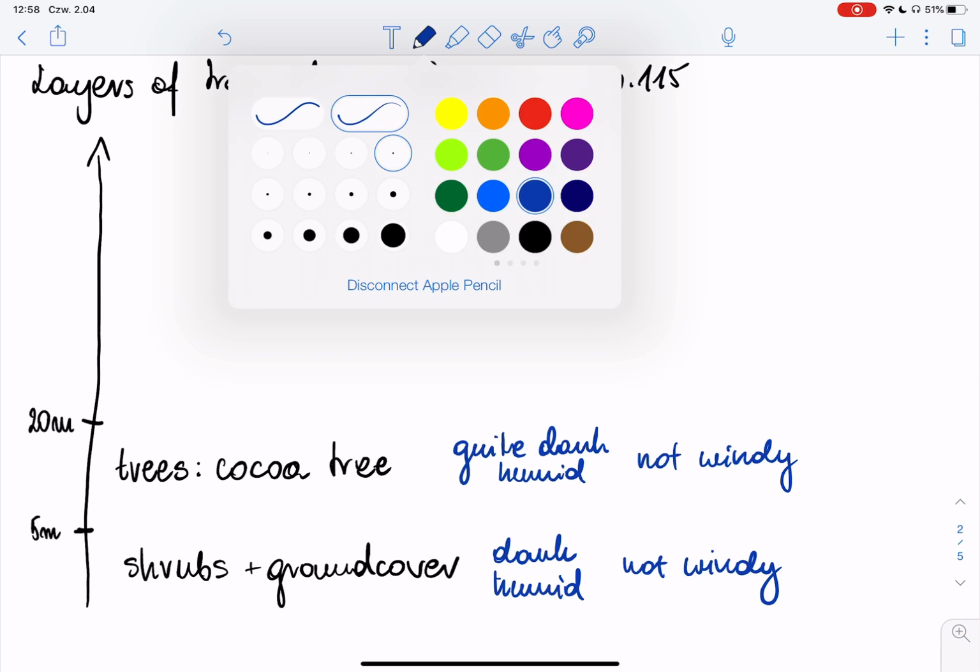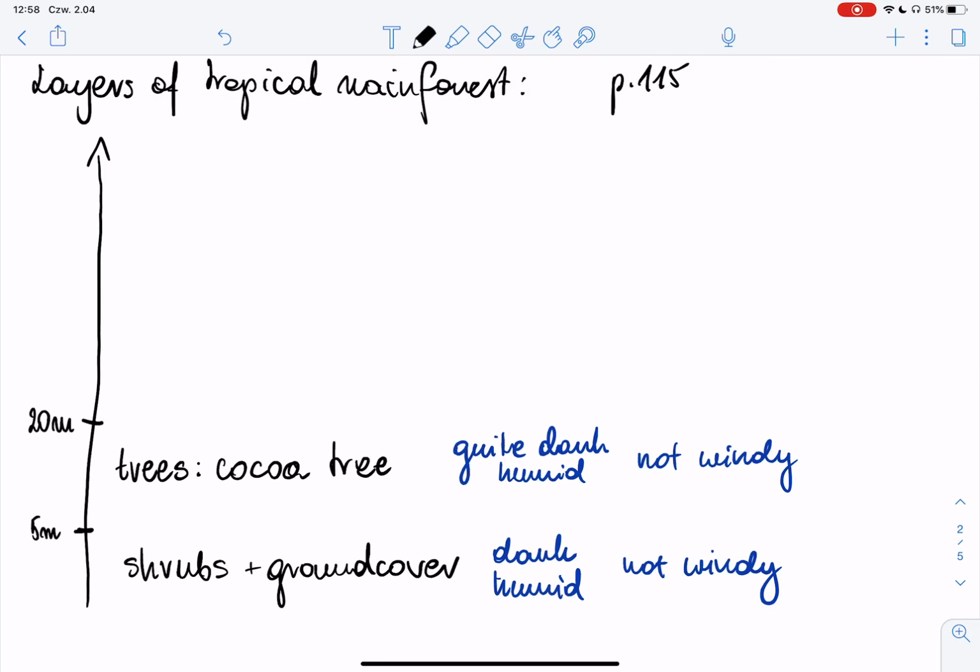The next layer that is directly above is also the layer of trees that are much higher, up to 40 meters. And basically, they create a canopy, czyli korona drzew. Canopy is the layer of crowns of trees that create a closed roof of the forest.